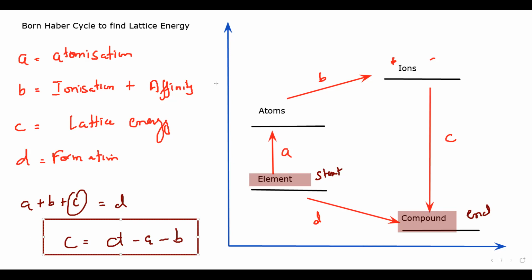So this is basically a Born-Haber cycle which we use to find the lattice energy of an ionic compound. Is the concept of the Born-Haber cycle clear, how it can be used to work out the lattice energy?